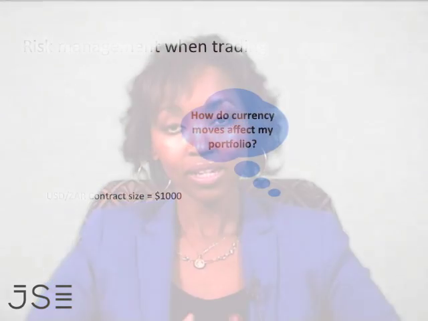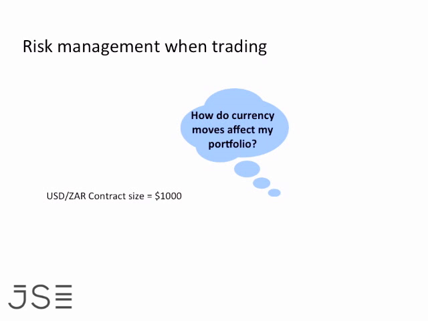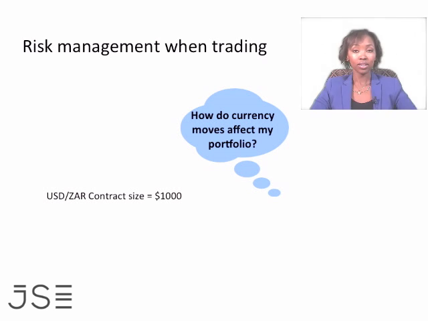So if you look at currency futures, because they're standardized, it's actually quite easy to work out. So you've got a dollar-rand contract. The standard size of a contract is $1,000. And we said that the minimum price move is 0.001 decimal points or 1 pip.